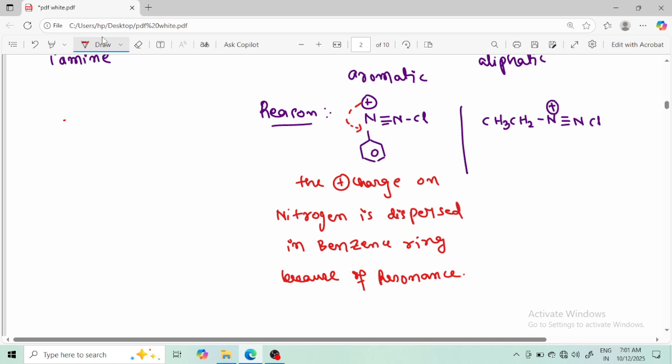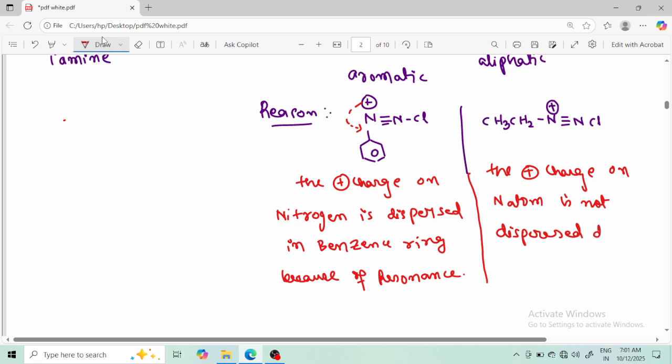But here, since the benzene ring is not there and a suitable condition for resonance is not there, the positive charge on the nitrogen atom is not dispersed due to the absence of the benzene ring.